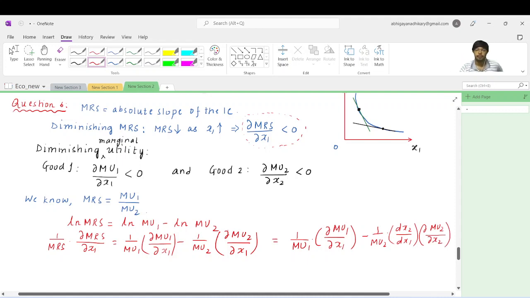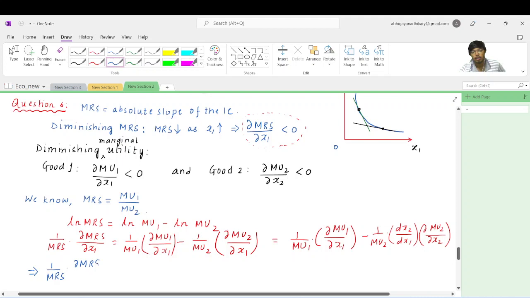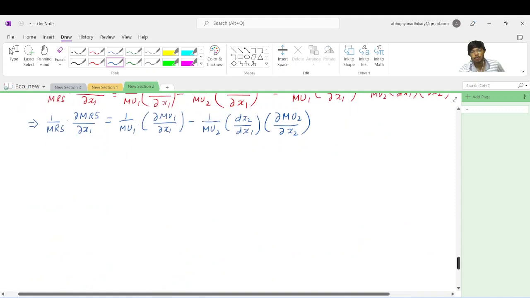So if I rewrite the statement: 1 by MRS times del MRS by del x1 equals 1 by mu1 del mu1 by del x1 minus 1 by mu2 dx2 by dx1 del mu2 by del x2. This is the condition that we have got.